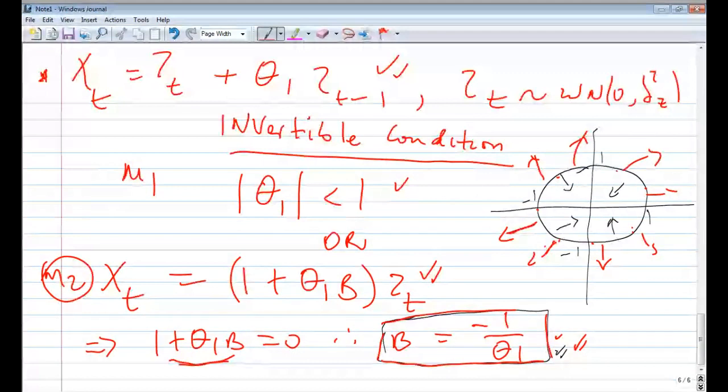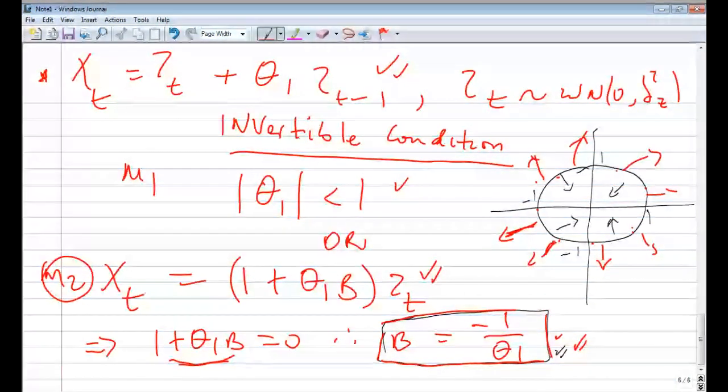If it's outside a unit circle, where indicated by red arrows, therefore the process is invertible. However, if the root or the value of B is inside the unit circle, which I've indicated by the black arrows there, therefore the process is not invertible.